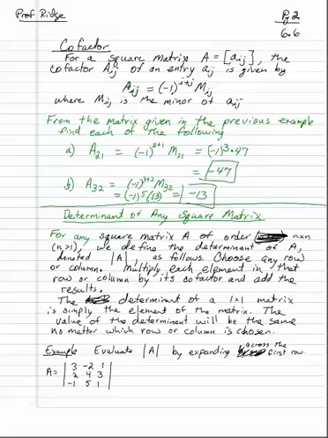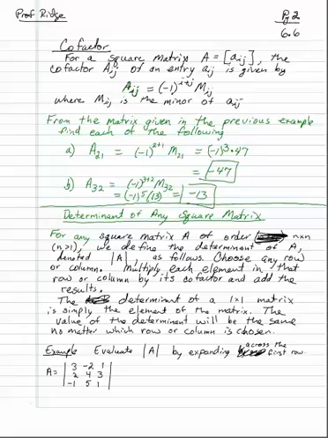Okay, so now we're ready to define how to find the determinant of any square matrix. So for any square matrix A of order n by n, and of course n has to be greater than 1, we define the determinant of A, denoted with absolute value bars.